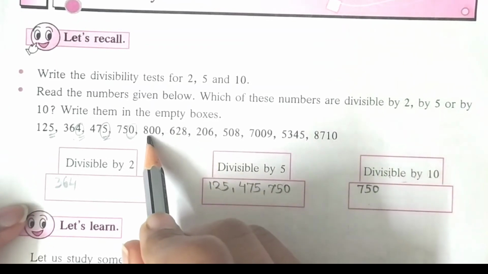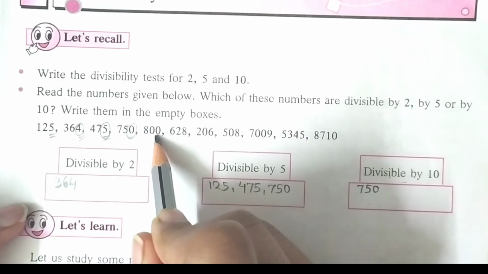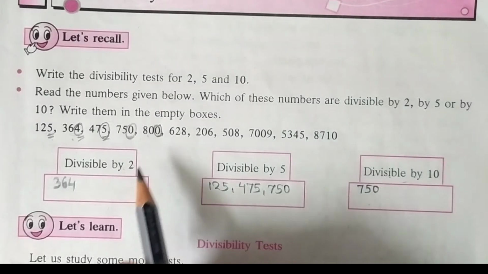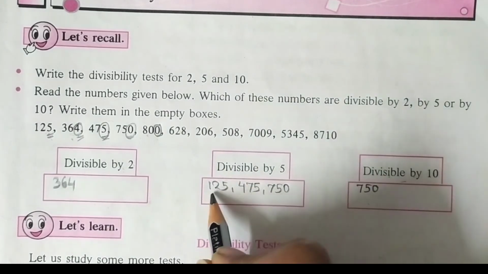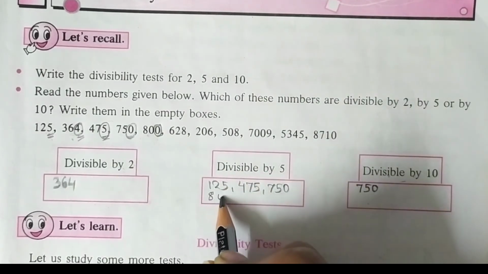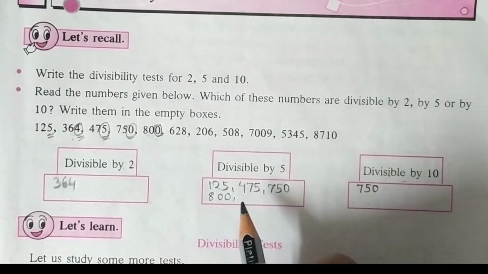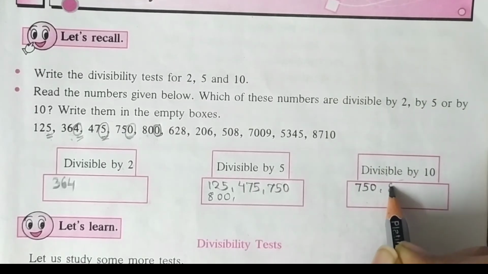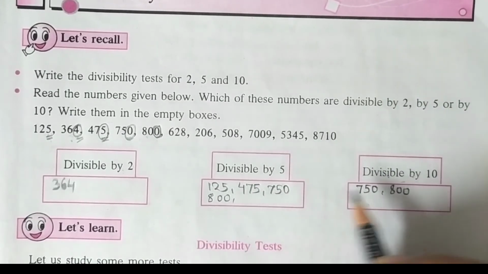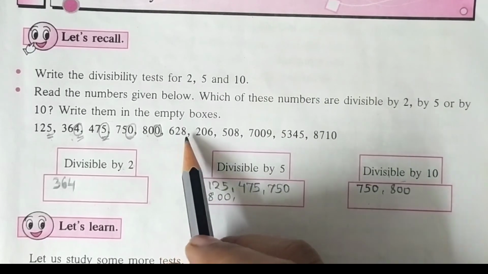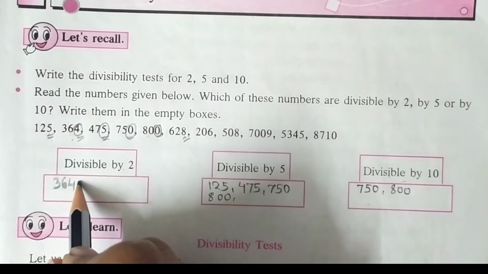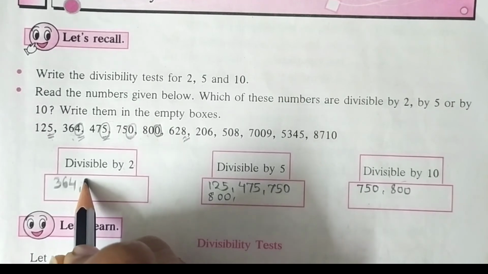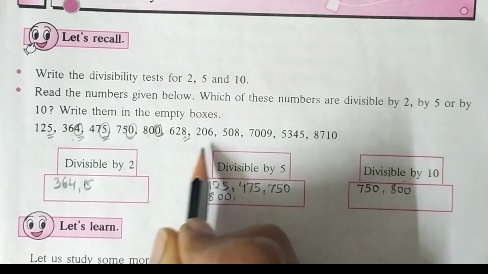Now this one is 800 and the unit place shows us the digit 0. So we are going to write 800 in divisible by 5's table and divisible by 10's table. Now here 628, it can be written in the table of divisible by 2.